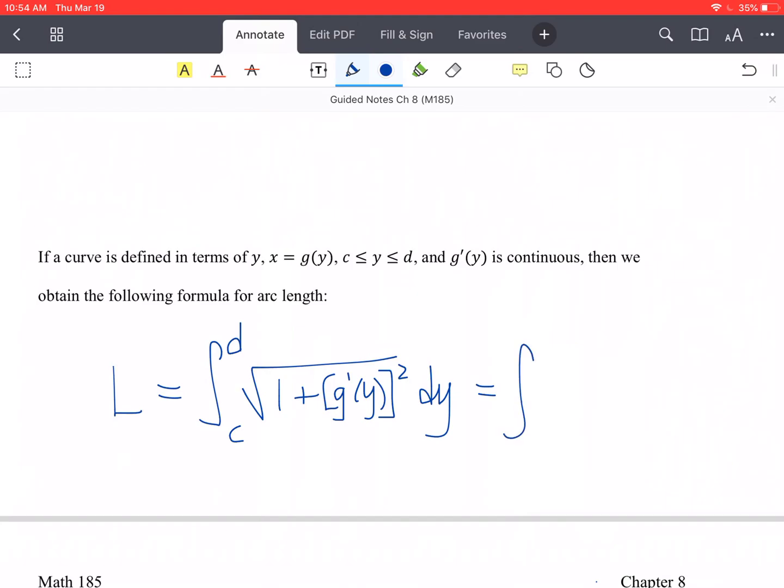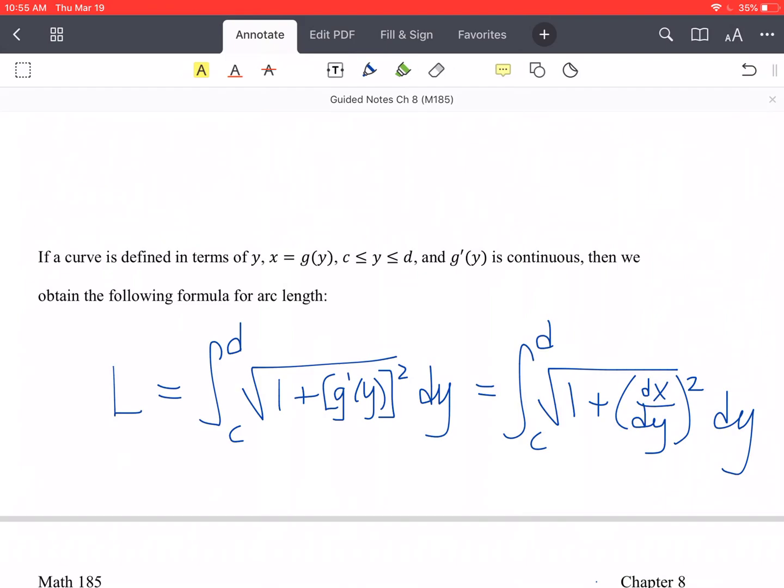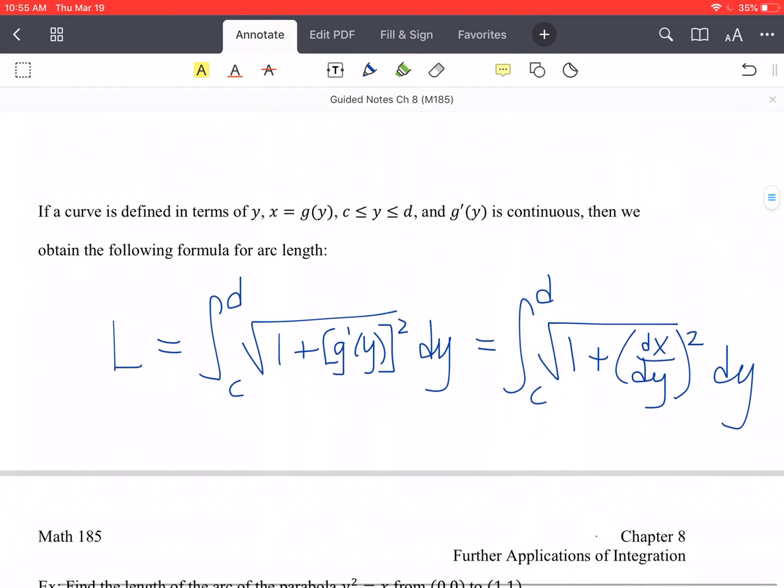And then using Leibniz notation from c to d, we have square root of 1 plus dx dy, the derivative of x with respect to y, squared dy. That would be our formula for arc length for a function with respect to y instead of with respect to x.